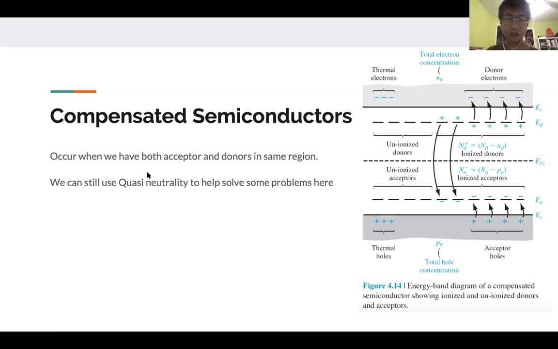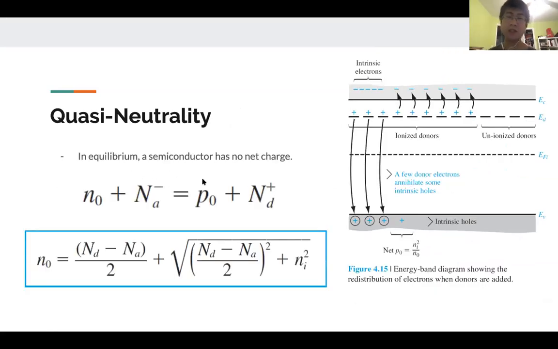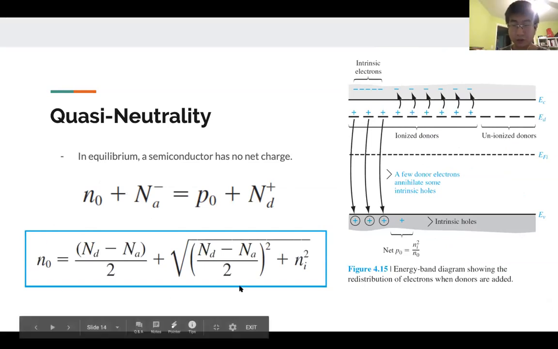There's a set of equations called the quasi-neutrality equations that take advantage of the fact that in equilibrium a semiconductor has no net charge. That means the number of electrons at equilibrium plus the number of acceptors is equal to the number of holes plus the number of donors. Then you can do some math and get this equation over here.